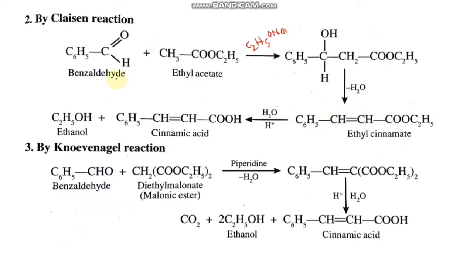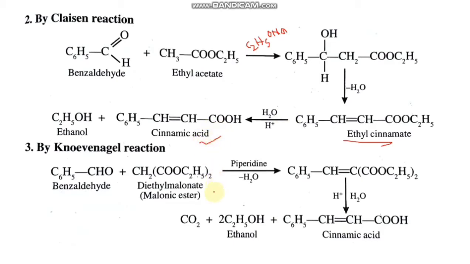So when benzaldehyde is reacted with ethyl acetate in presence of sodium ethoxide, we will get ethyl cinnamate. Then ethyl cinnamate undergoes acid hydrolysis. We will get cinnamic acid.